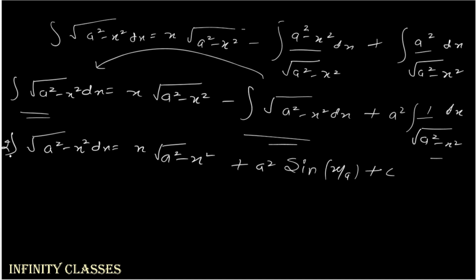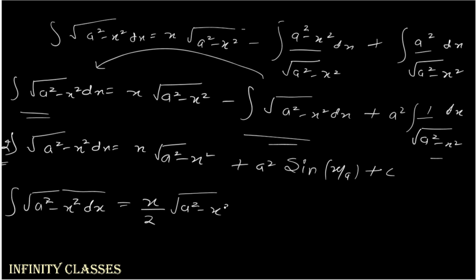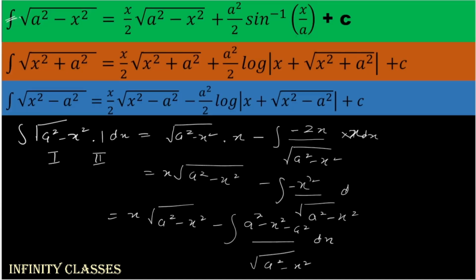Now we will divide by this 2 on this side, so integration of root a square minus x square dx equals x upon 2 root a square minus x square plus a square upon 2 sine inverse x upon a plus c. So this is our derived answer. Clear?